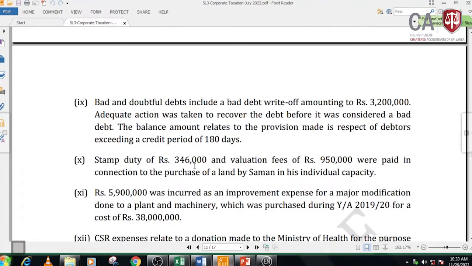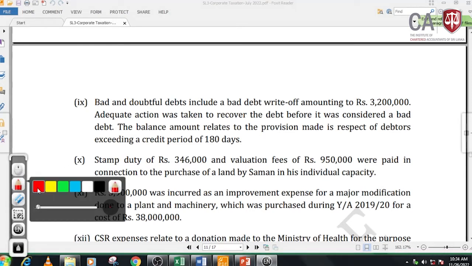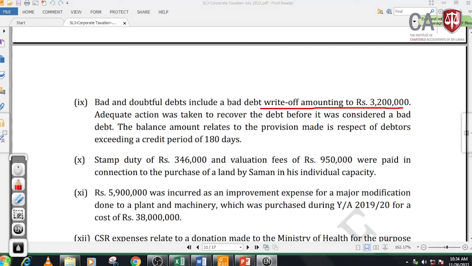Marketing done. Bad and doubtful debts include a bad debt write-off amounting to 3.2 million. Adequate legal action was taken to recover the debt before it was written off. Okay, this is the bad debt written off, and with reference to this, adequate legal actions were taken. Therefore, this is an allowable deduction. The balance amount relates to provision.